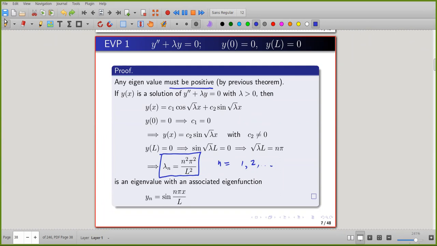Someone has written that sine n star is a linear combination of cos and sine functions, so it should be two dimensional. I'm sorry, I don't understand this question.